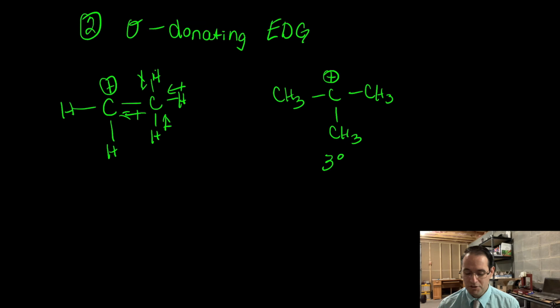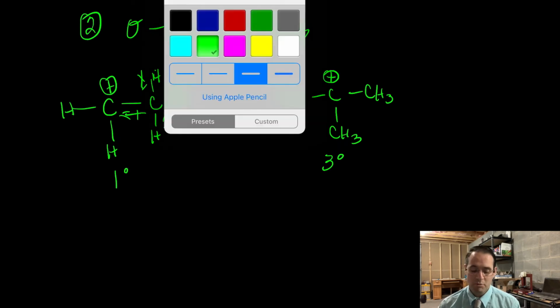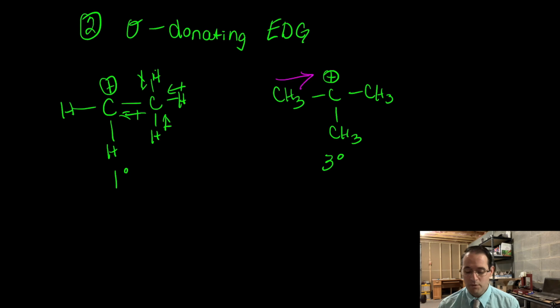So this is a tertiary, it forms. This is a primary, it doesn't. The whole argument behind that is that a methyl group is weakly electron donating just because of all the sigma bonds. It's an inductive effect, basically, where the electrons are flowing in towards the positive charge.